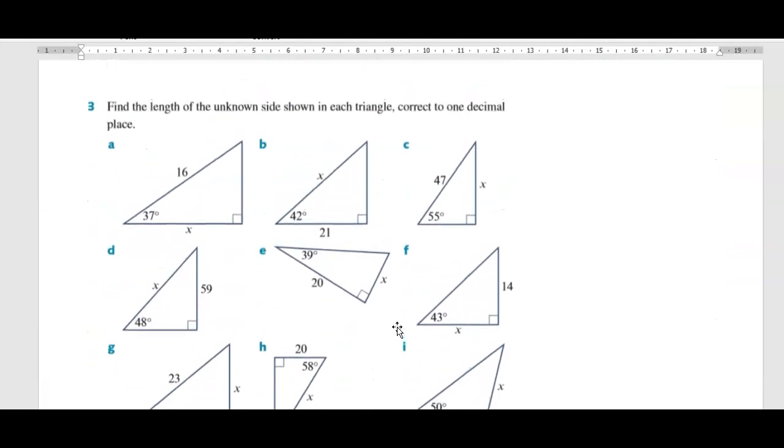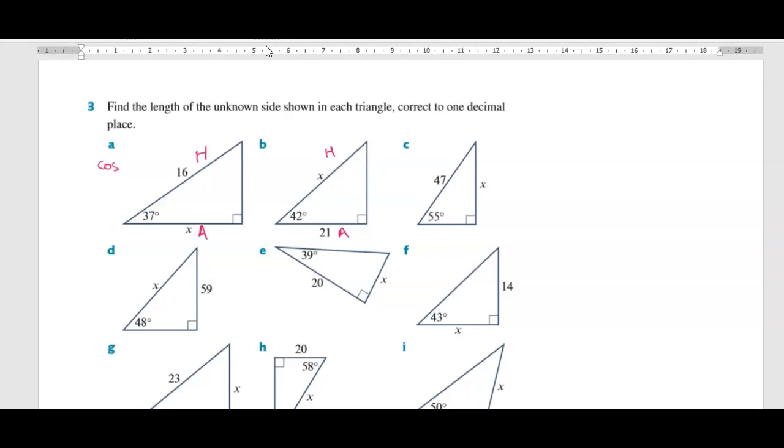All right, question 3 is, I think, a range of questions. Somewhere your unknown is on the denominator and somewhere your unknown is on the numerator. So I might just quickly go through them. I always say quickly and then I feel like it goes not quickly. So this one we're using cos, and your unknown is going to be on the numerator. B, we've got hypotenuse and adjacent, so your unknown is going to be on the denominator.